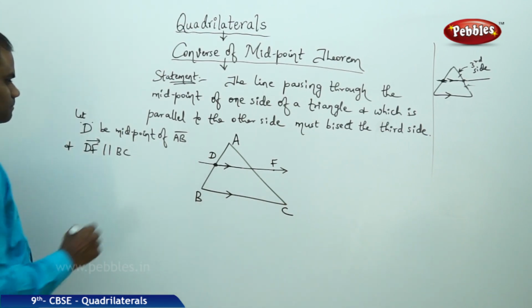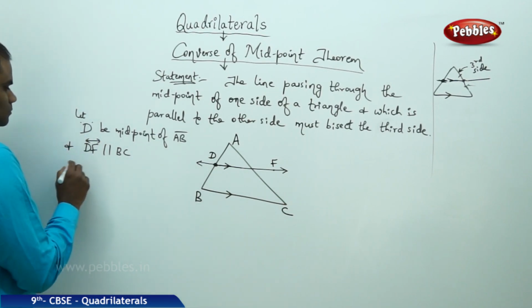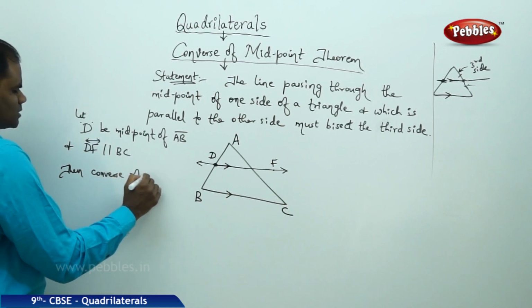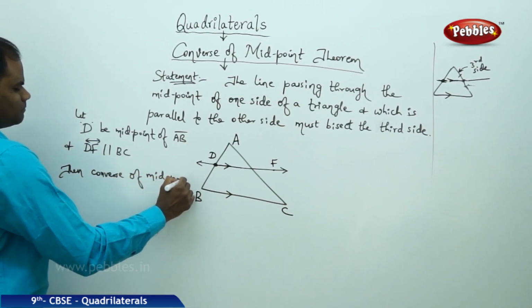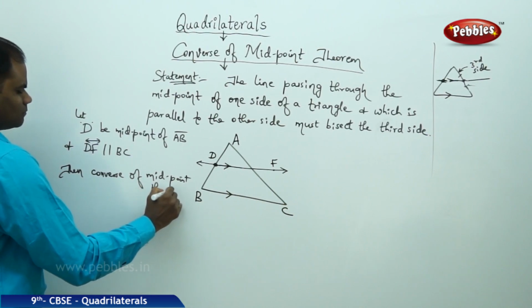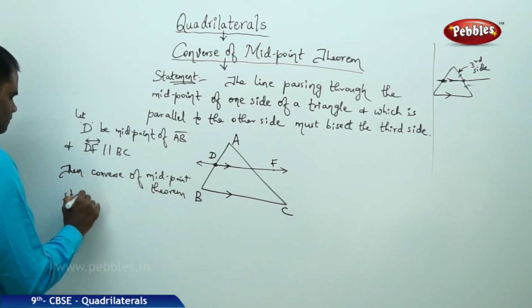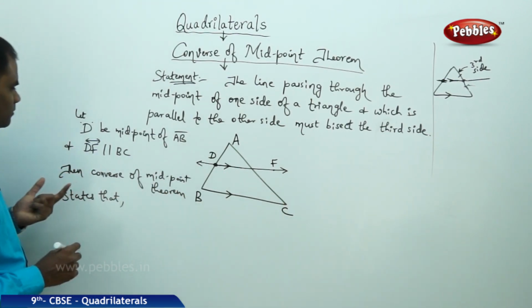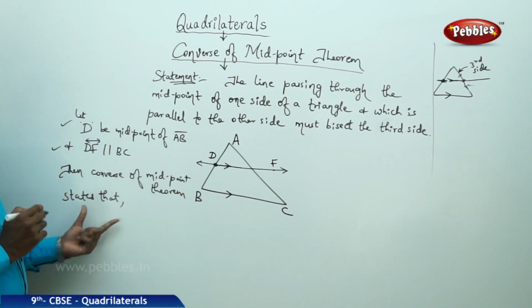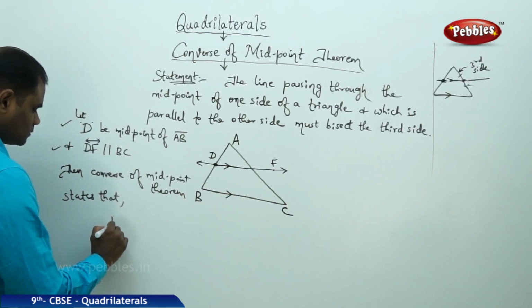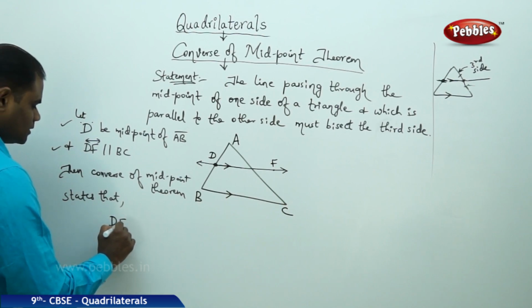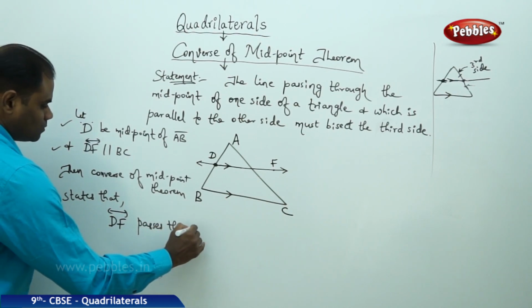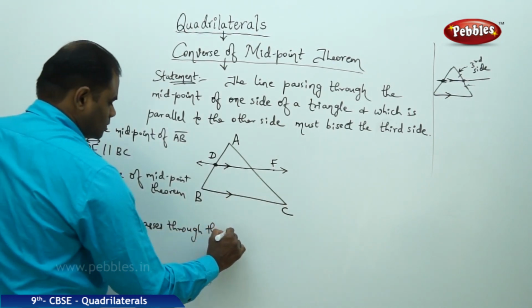Then in this case, the converse of midpoint theorem under these two conditions states that DF passes through the midpoint.